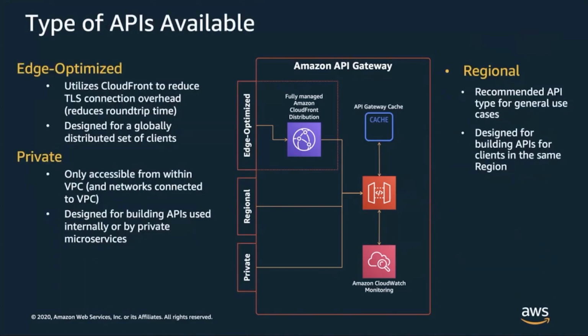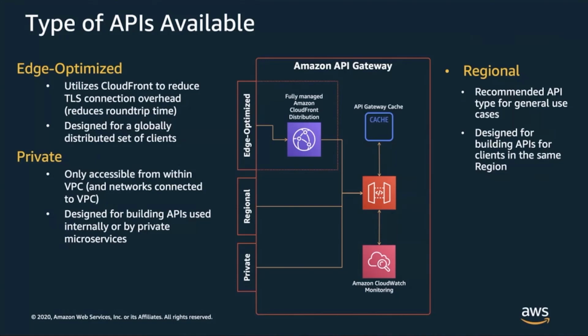Now, when it comes to how your customers can interface with your API, we support 3 different types of endpoints. So again, think of this as from the outside of your API, connecting to it, where this API is basically made available. One is an edge optimized API. So this is an API endpoint that is fronted by Amazon CloudFront. And it uses Amazon CloudFront to help bring the API request closer to your customer.